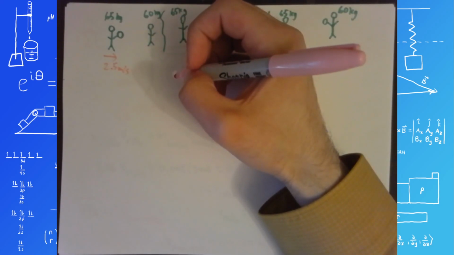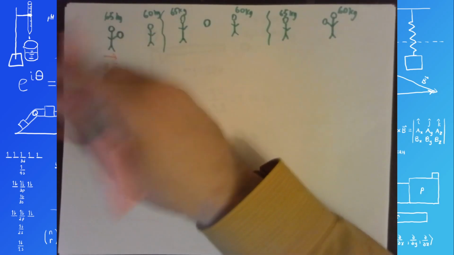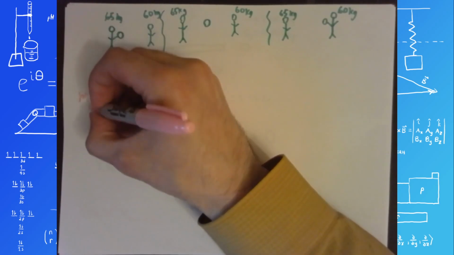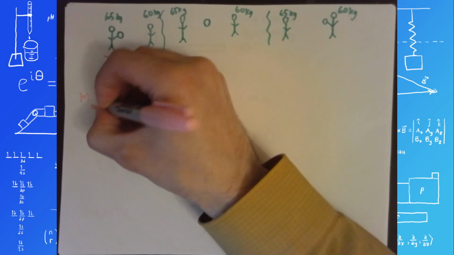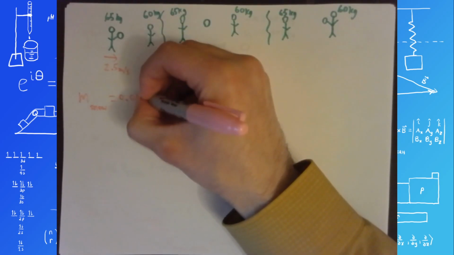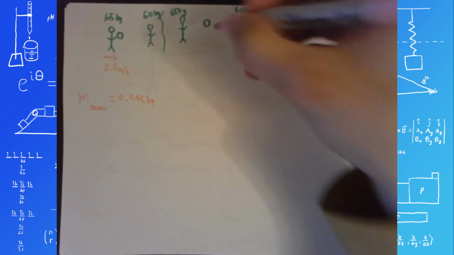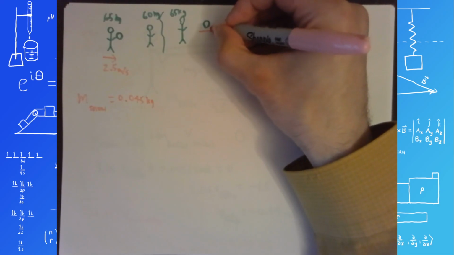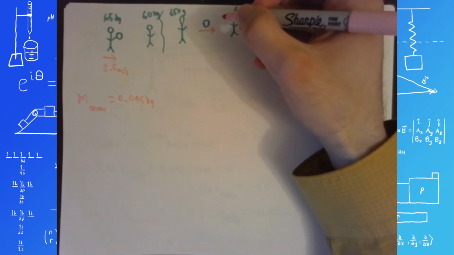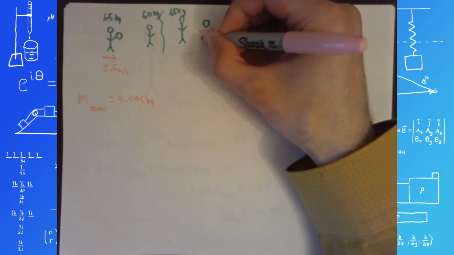And then they said the snowball, which is 0.045 kilograms, so mass of the snowball, I'll just call it M snow, is 0.045 kilograms. It gets thrown forward with a ground speed of 30 meters per second.